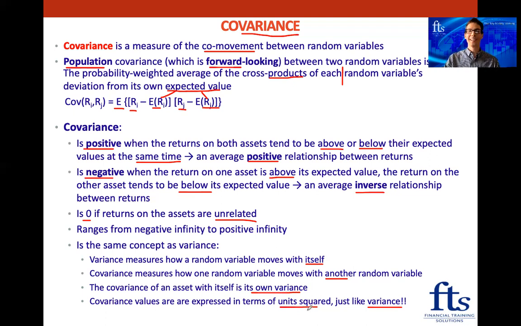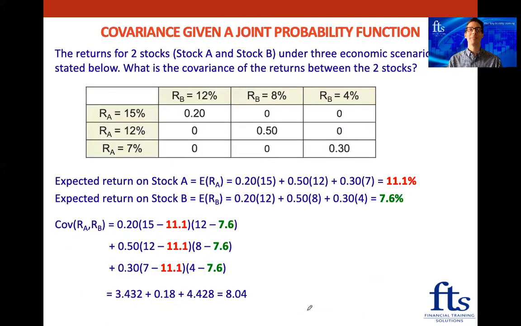Okay, good. So let's do this example we've been talking about. Now we're doing covariance given a joint probability function. We've got the returns for two stocks, stock A and B, under 3 economic scenarios, and we want to work out the covariance of returns between the two.